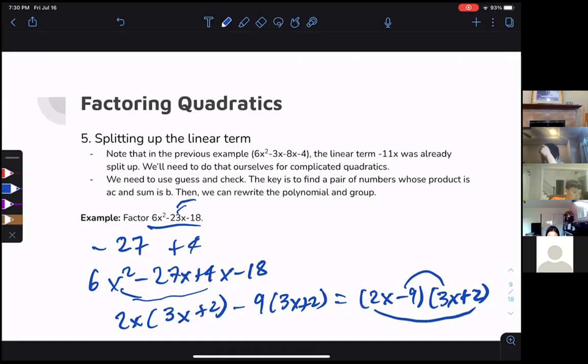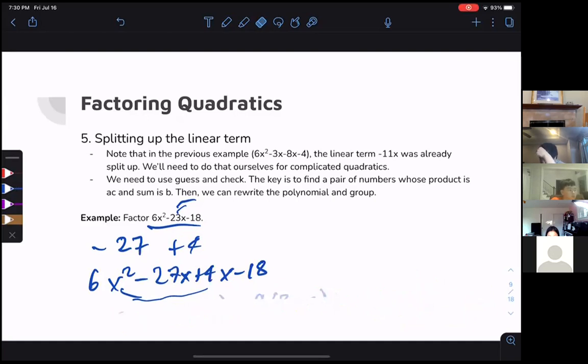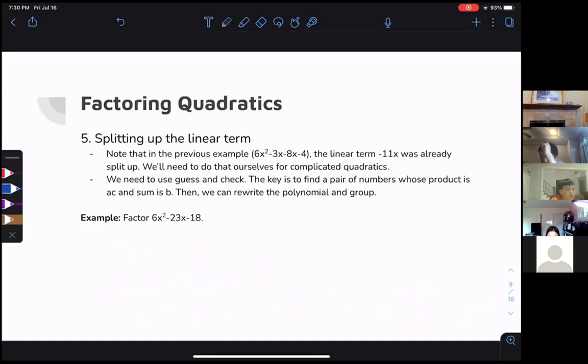So yeah, sum to the linear term, multiply to the constant. That's how you think about this factoring. And of course, the coefficients of the linear terms you factor into come from the factors of the quadratic term's coefficient.